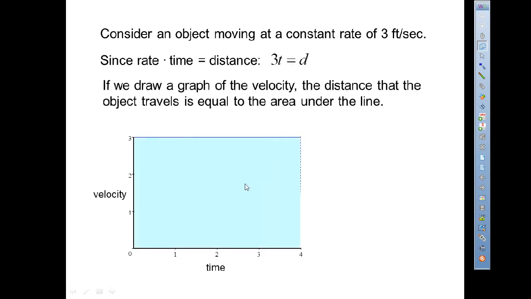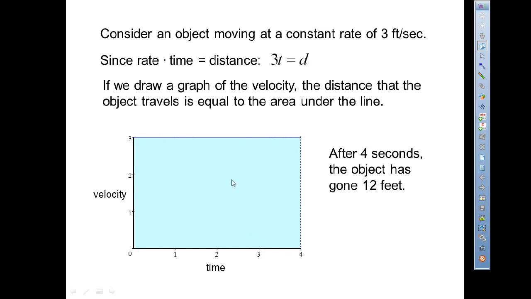Now, if we draw a graph of the velocity, then the distance that the object traveled is equal to the area under the line. So what we have here is a constant rate or constant velocity of 3 that's signified by our blue line up here, and we have our time measured on the bottom, velocity measured on the side over here.